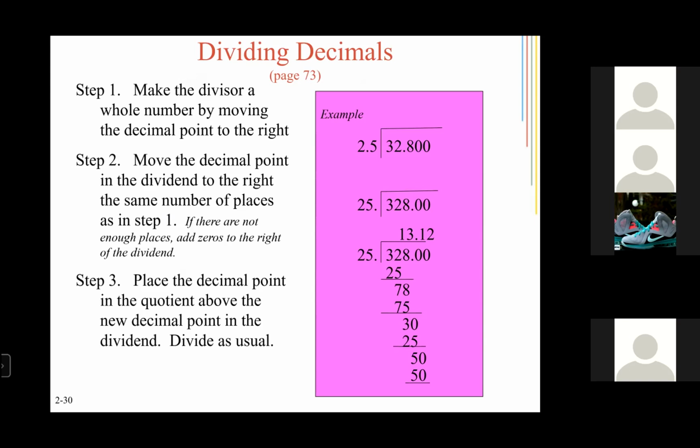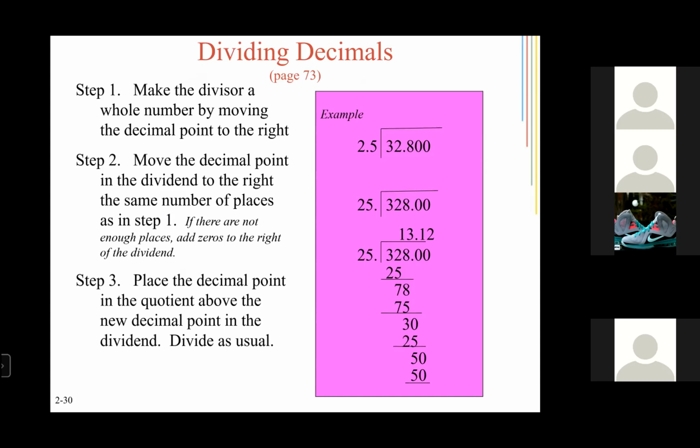Why are we making the divisor into a whole number? Any suggestions? Do you know? Divisor. The divisor is 2.5. We want to, yeah, I guess, I don't know.